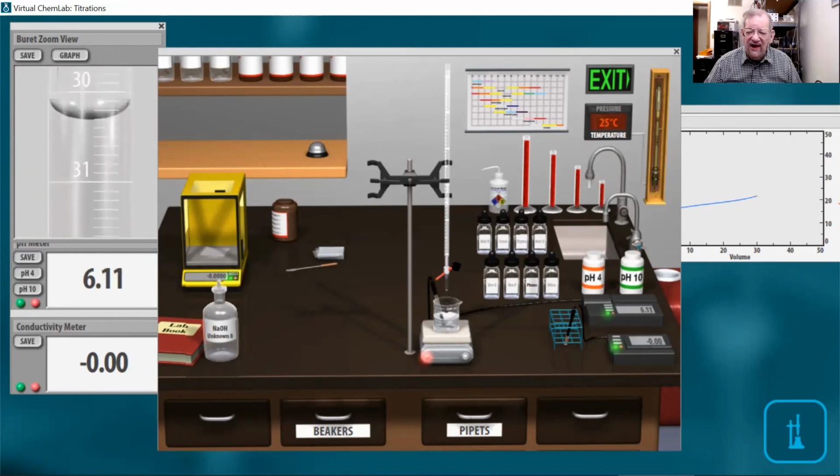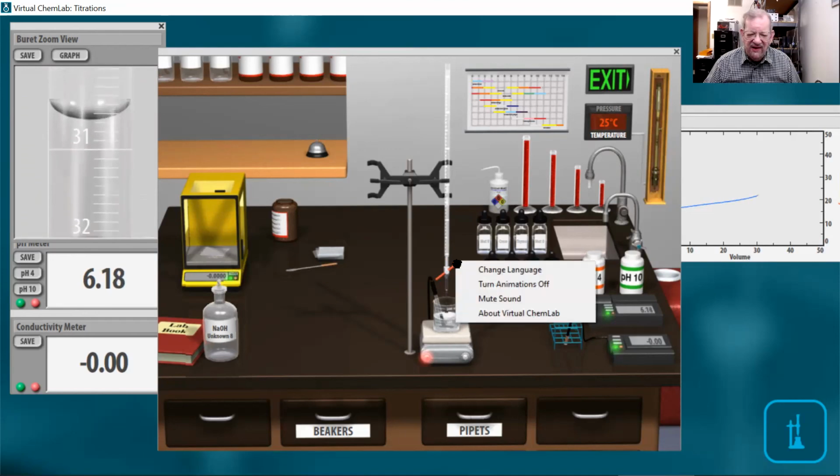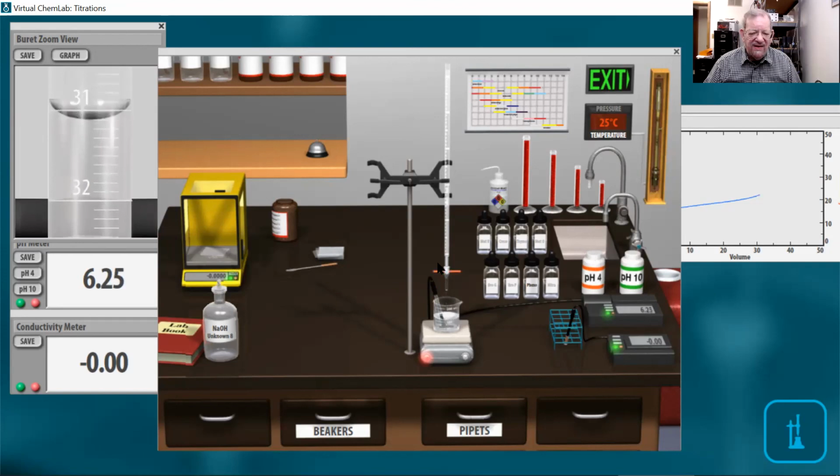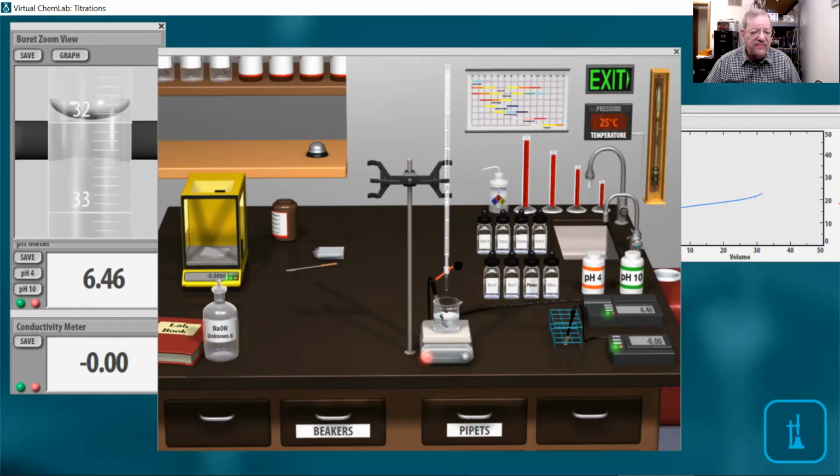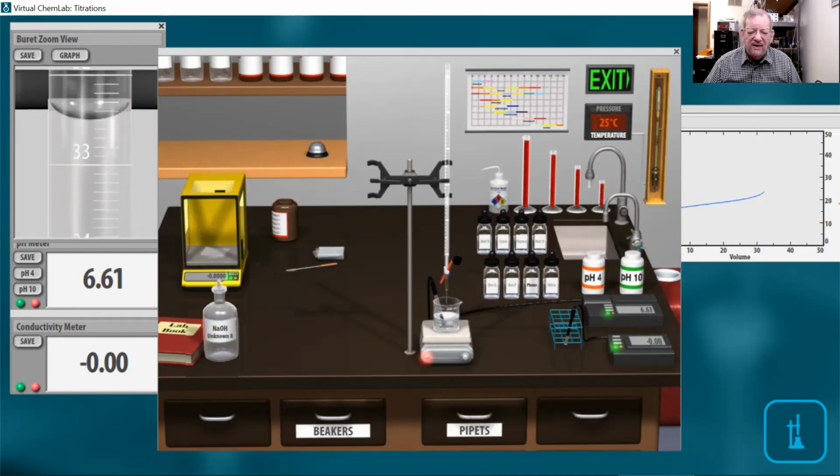If you notice, the graph is starting to edge up, which tells me I'm near my endpoint. Stop.